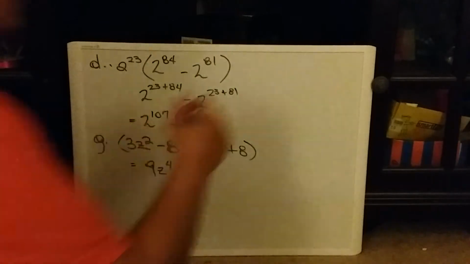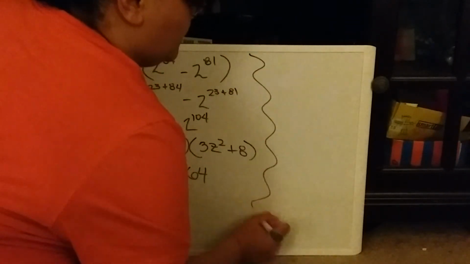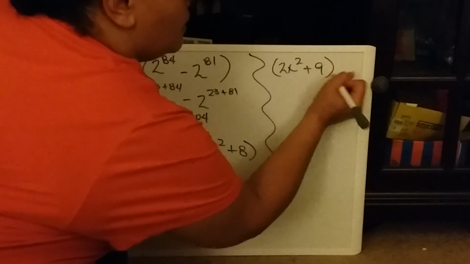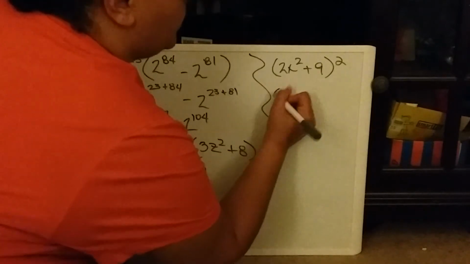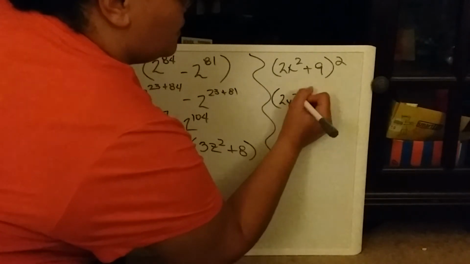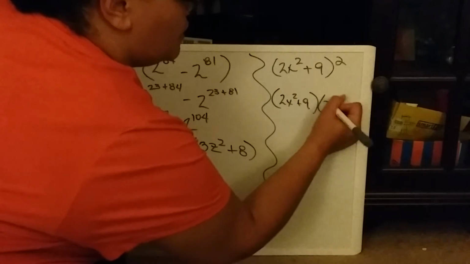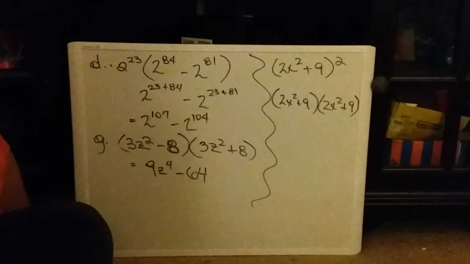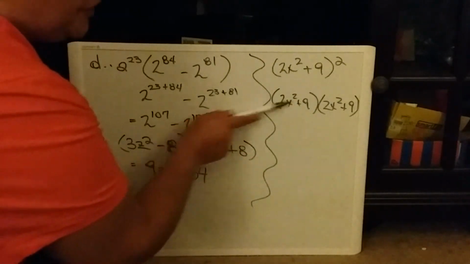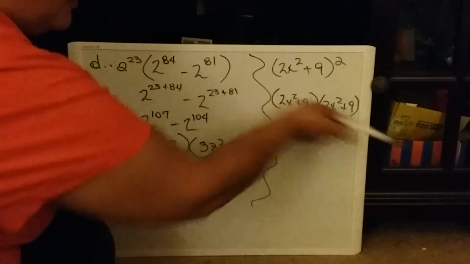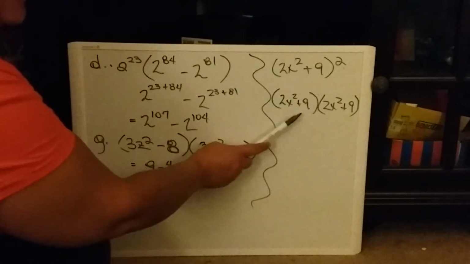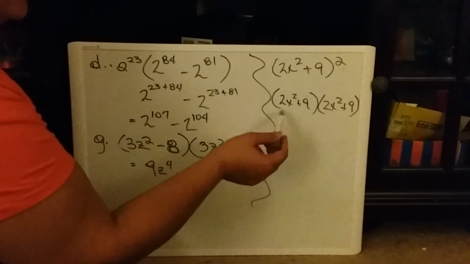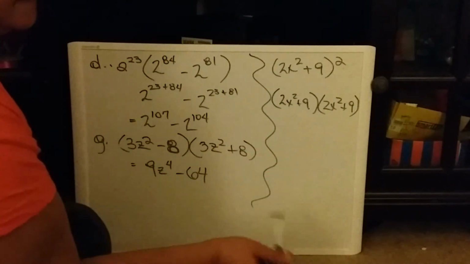So if ever you see a problem like this, all it means is that you're multiplying it together. It's two terms. If it was three of them, it would be three of these. If it was four, it would be four of those. So you can use your FOIL method, use your tabular method, whichever one you like the most, and multiply this out and figure out what it is.